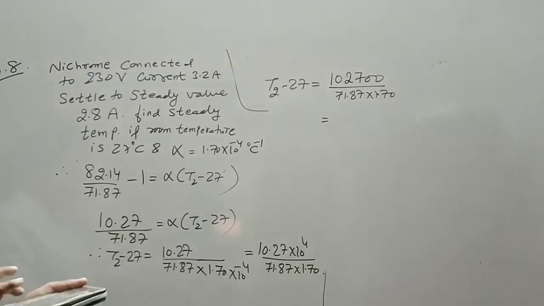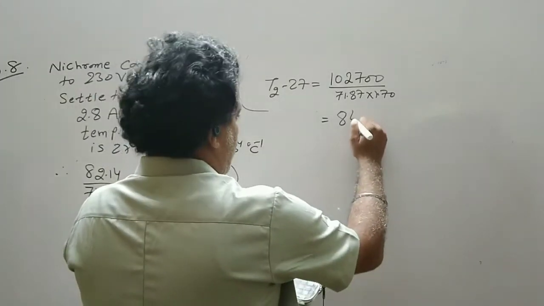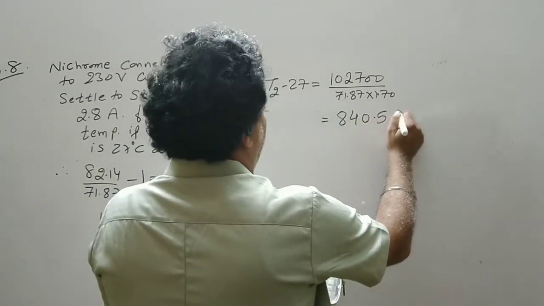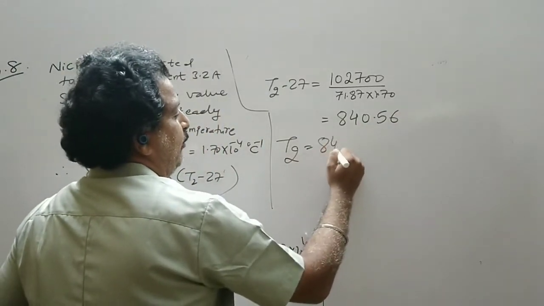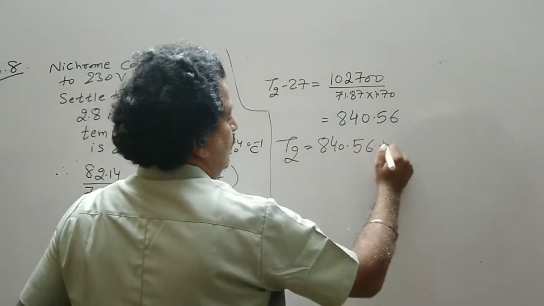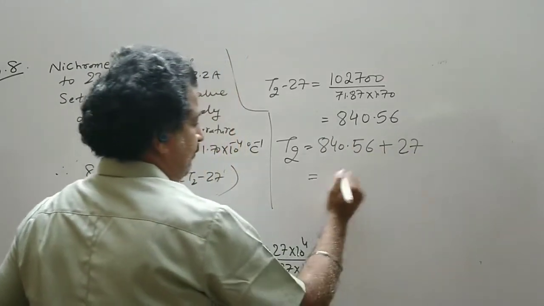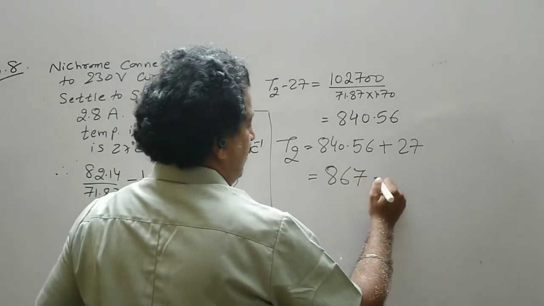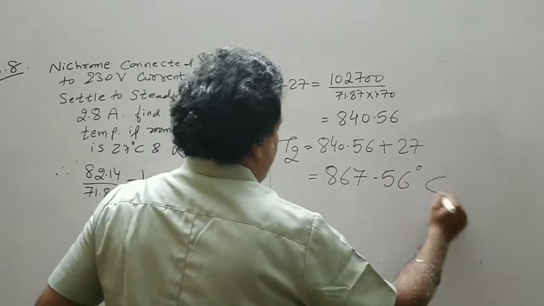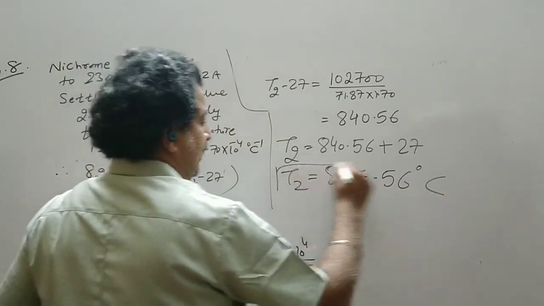So divided by 71.87, then again it is divided by 1.70. So it comes out to be 840.56. So T2 is equal to 840.56 plus 27 degrees, that is 867.56 degree centigrade.